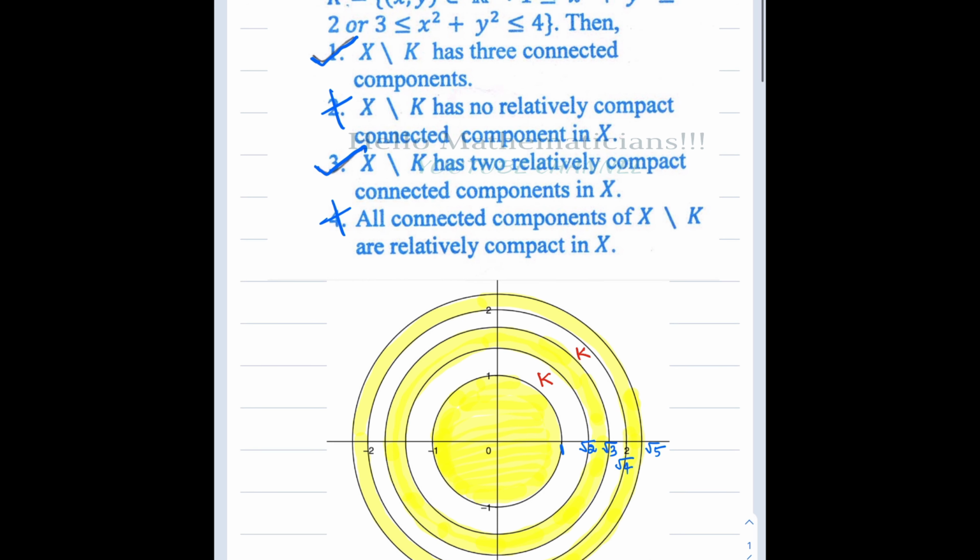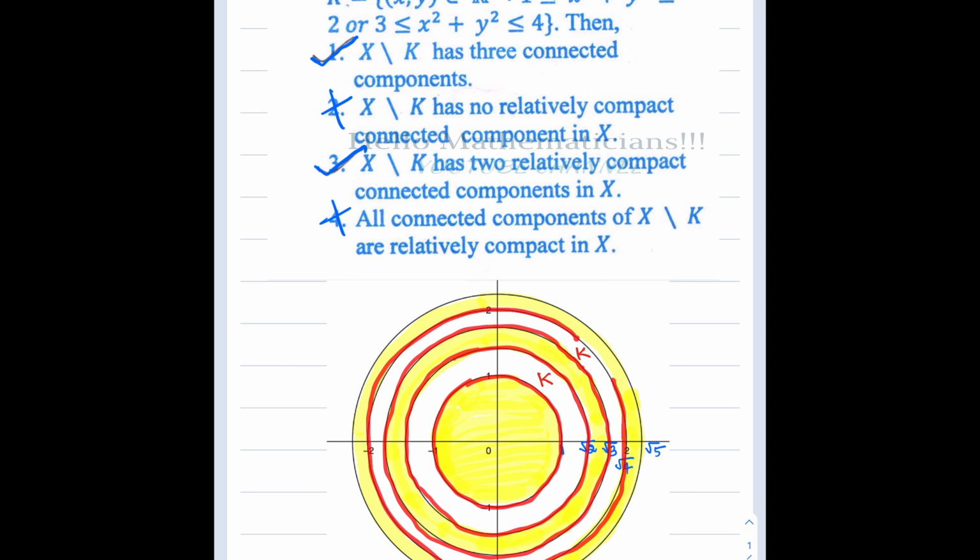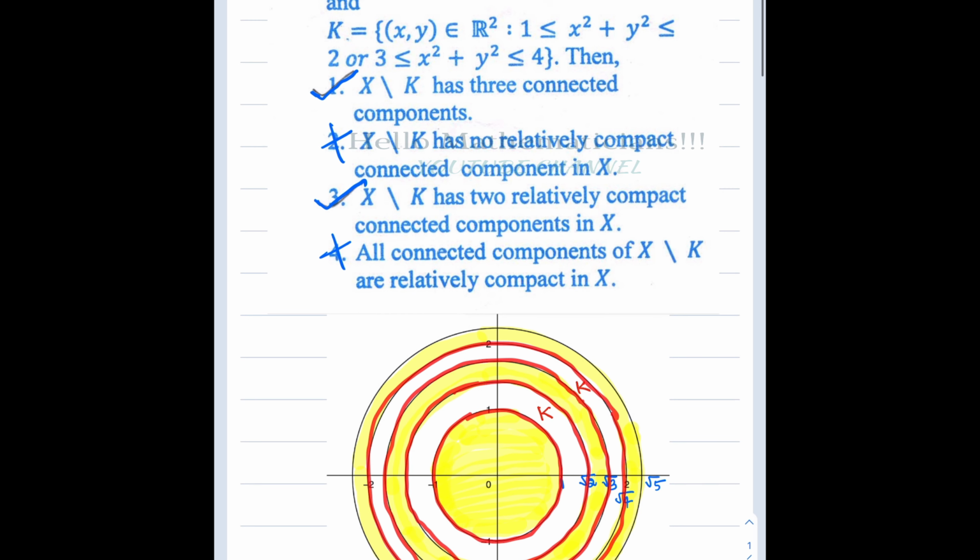So in K, this circle belongs to K, similarly this circle, and this circle also belong to K because there is less than or equal to.